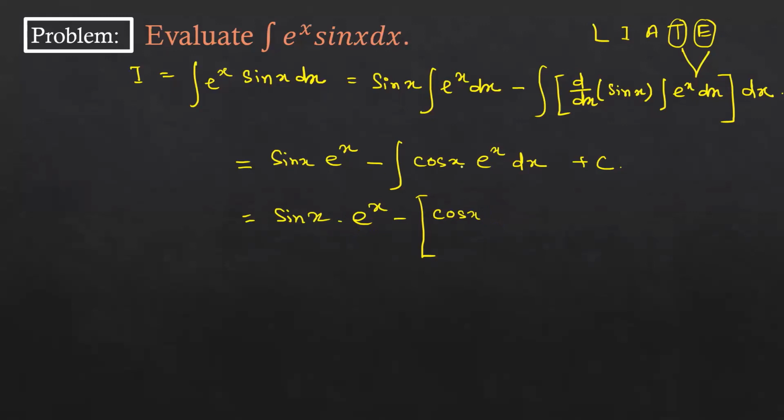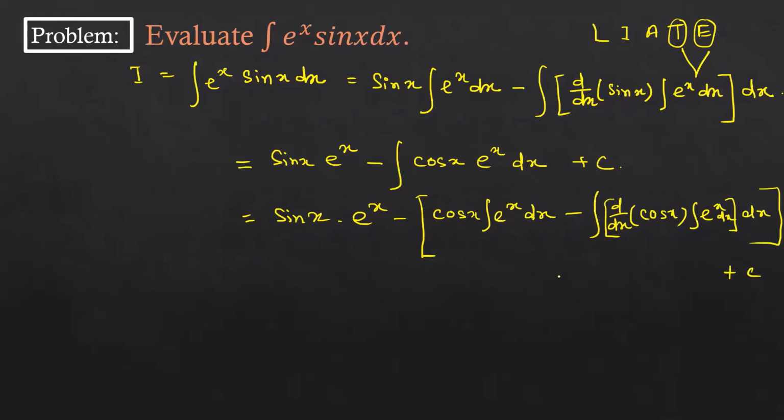So now we have cos of x into integration over again e to the power x dx, and then again take minus over the integration d/dx of cos of x, again integration over e to the power x dx, followed by another integration. So this is the term, and plus that constant c.